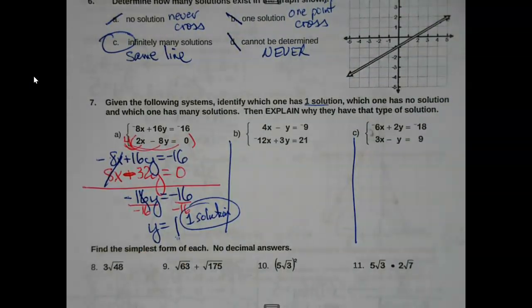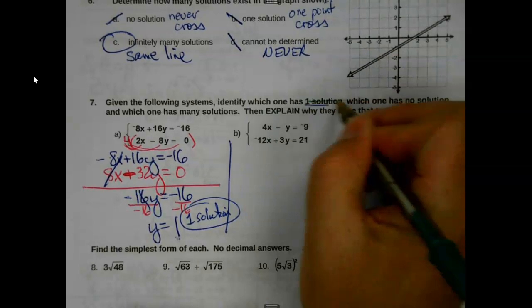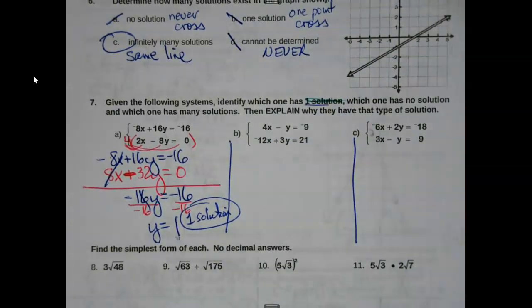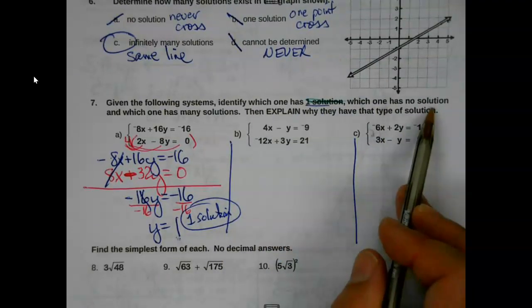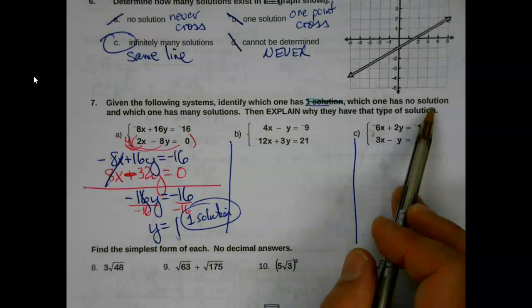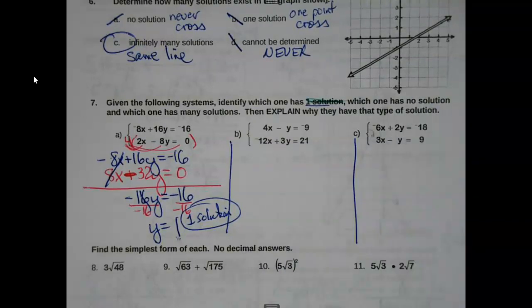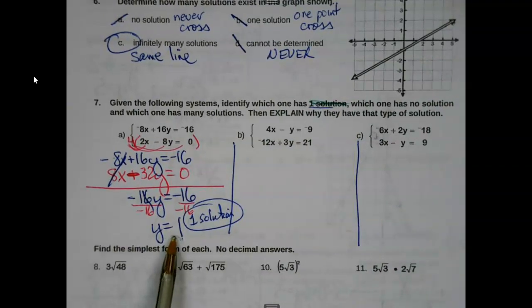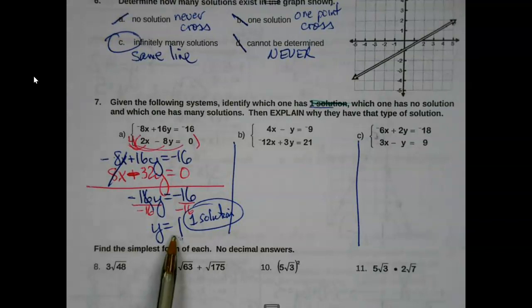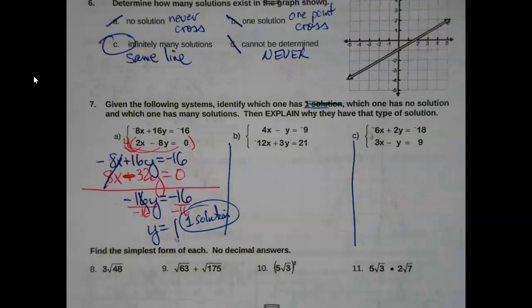That's all I care. So now, that part's done. Why? Because did it ask me to solve? No. It said, identify which one has one solution, which one has none, or many. There's going to be no x's or y's left. But if y equals 1, it's going to match up with one x value, right? So you're only going to get one answer. I could solve the rest, but it's not going to get me any further.